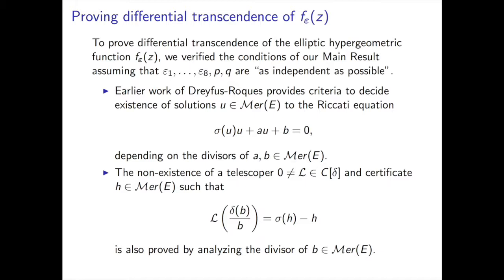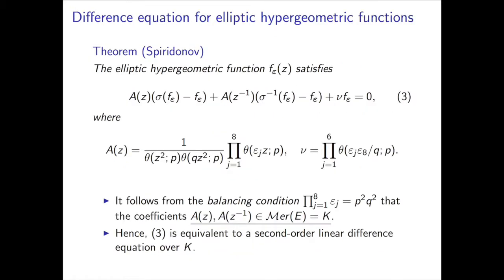This is a formal integer linear combination of the zeros and poles with multiplicities of the elliptic functions, and in order to apply the criterion, in particular, we have to know what the divisors were, and because the coefficients are written in terms of theta functions, I can write down what the divisors are on the curve.